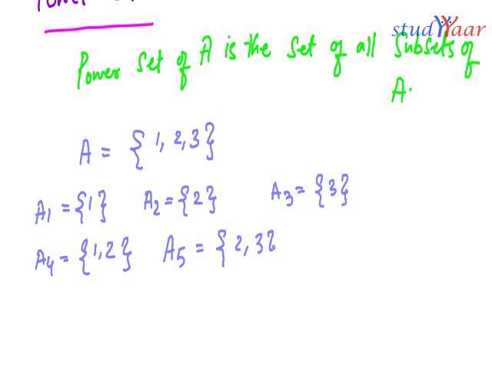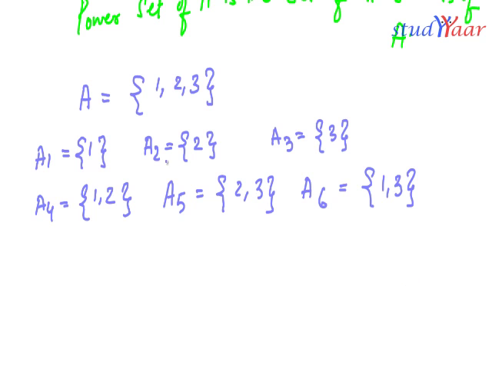And even this guy is a subset of A. We also know A itself is a subset of A. Therefore, I can say that this guy is also a subset of A. A7 is a subset of A because that is A itself.